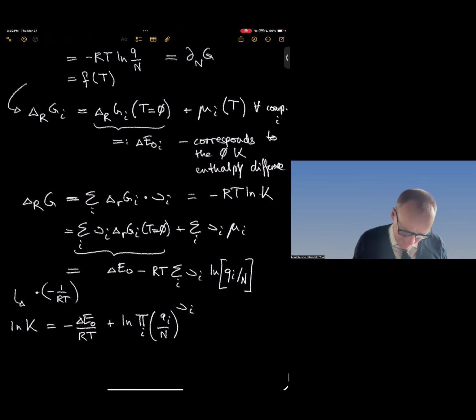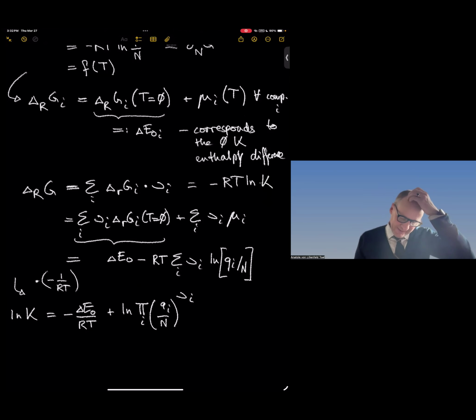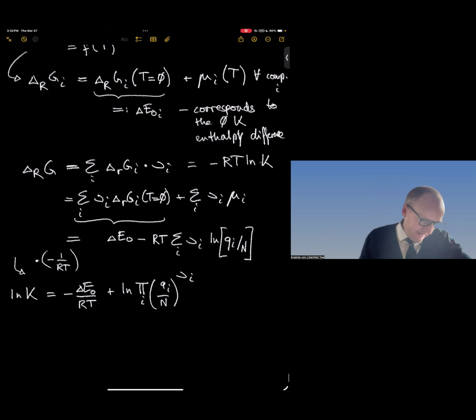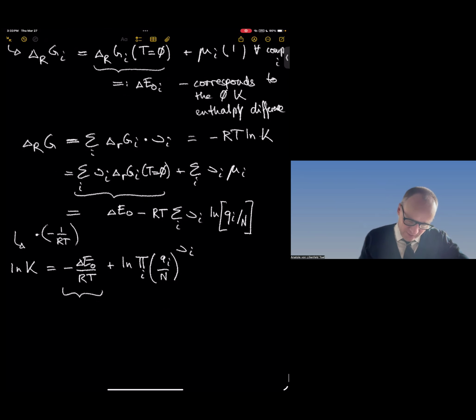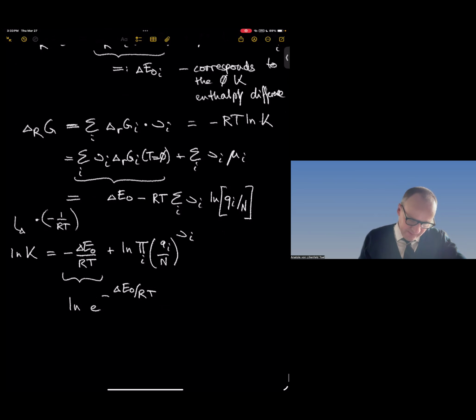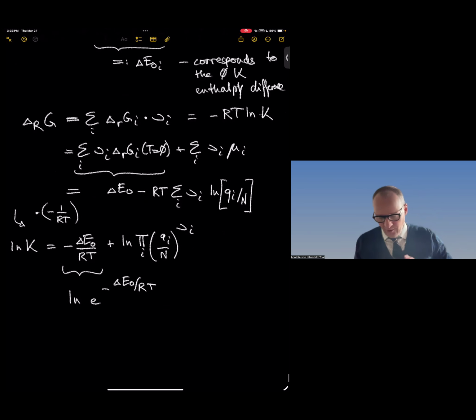Now I have two terms. One of them is a logarithm and the other one is a fraction. And if I look at this, of course, I can also express it as a logarithm. I can say this is the logarithm of e to the minus delta E0 over RT, right? And if I insert that, I can remove all the logarithms.